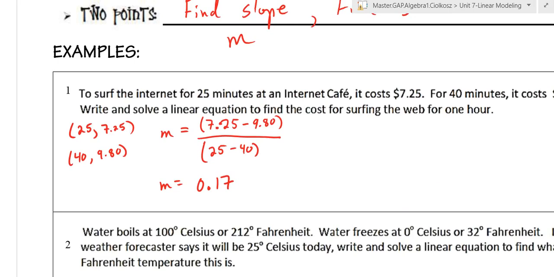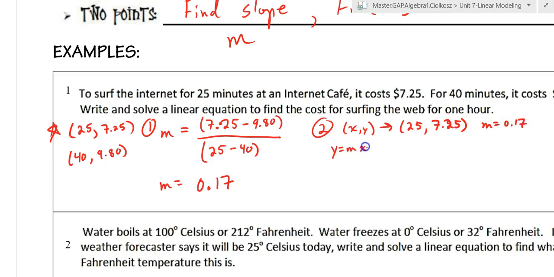Now, I have my slope, so I need to find B. So this would be like part 1. Now part 2 would be taking either one of these points. So I'm just going to use the first one. So my x and my y are 25, 7.25. You can use the second one as well. And your m we just found is 0.17. So now if we plug into our y equals mx plus b, we can solve for b.